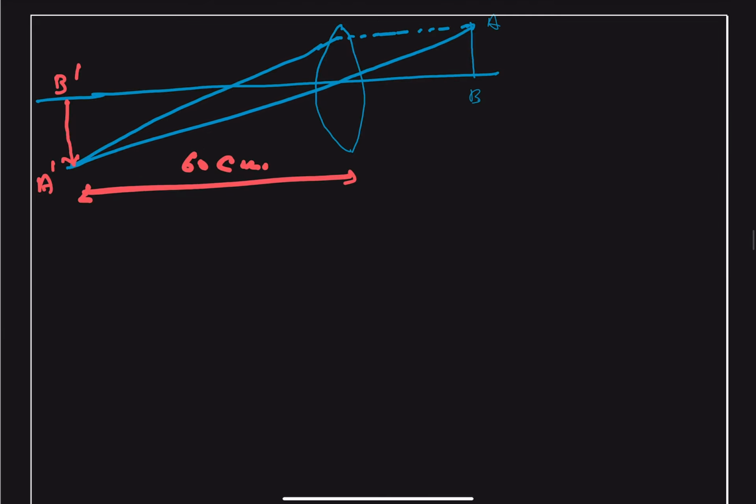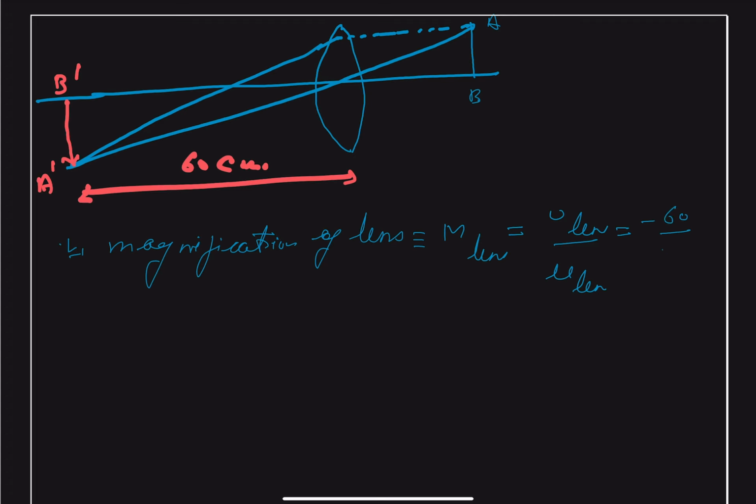We can also find the magnification of the lens, let us call that M lens, and it will be V lens upon U lens, giving us minus 60 divided by 20, which will be minus 3. So obviously from here also we can see that the image formed will be inverted.